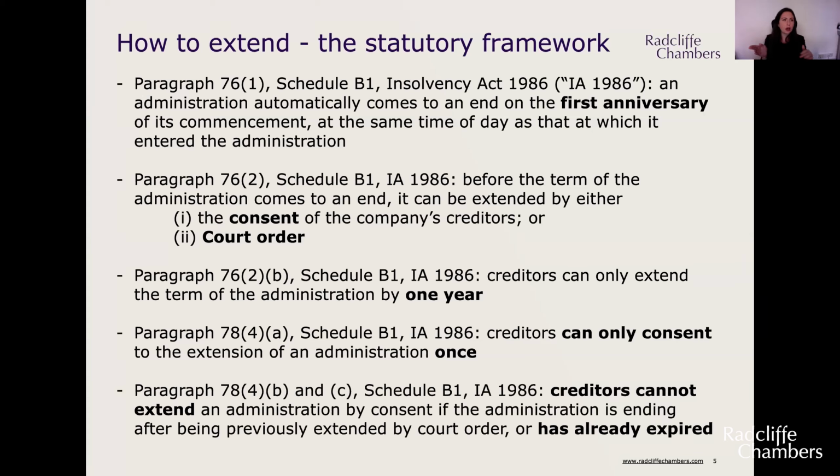And you can't do it the other way round. You can't start off getting a court extension and then go for the creditor option. It has to be creditor first, then court later if you need a further extension. Importantly, I have put it in bold there, you can't get the extension once the administration has already expired. That applies to creditors, but as I'll come on to, it also applies to court orders.